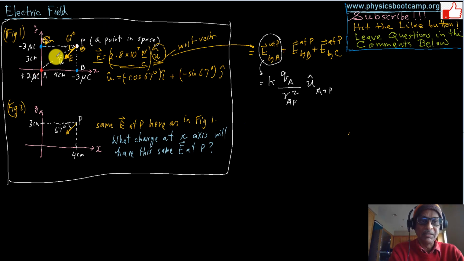If it is negative, it points in the opposite direction to the A to P direction. This is a unit vector, and there is a similar one for each of the other charges.